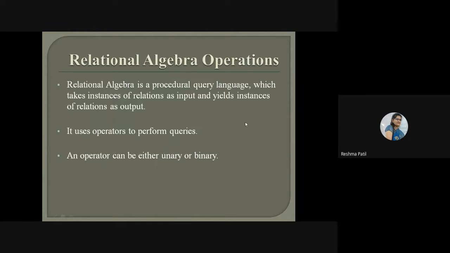On that operand we are going to use the operator. That is called a unary operator. And two operands are there in the expression a plus b. Plus is the operator which we are going to perform on two operands a and b. That is called a binary operator. So here an operator can be either unary or binary.